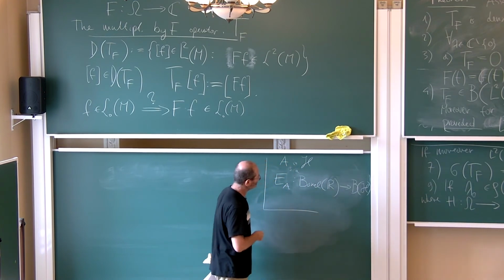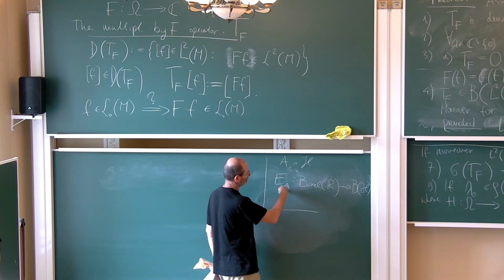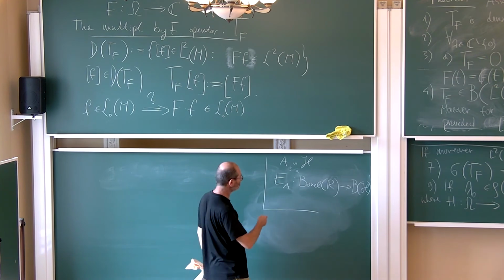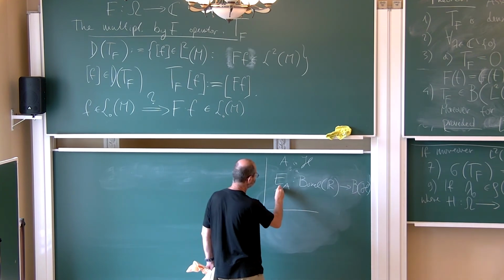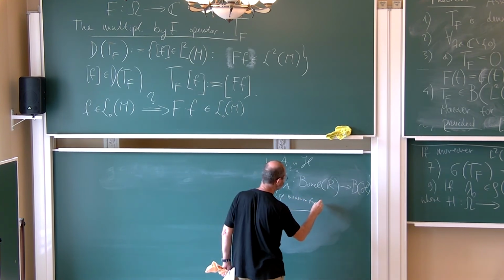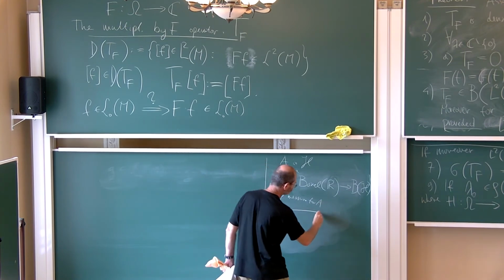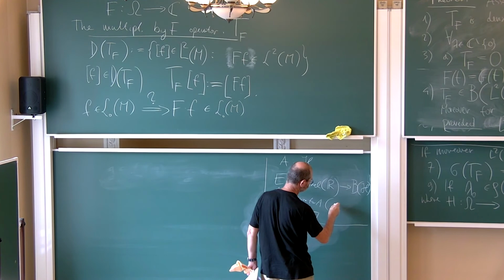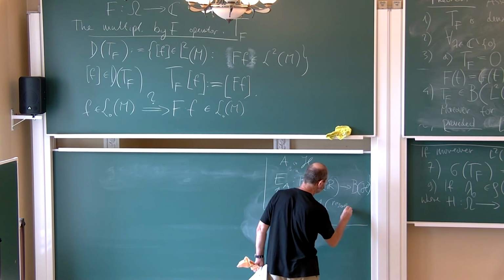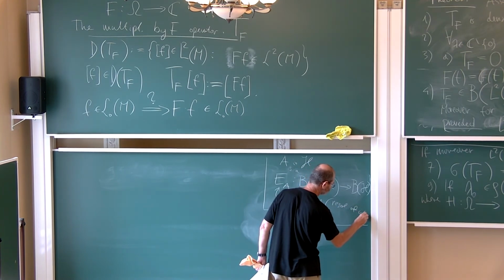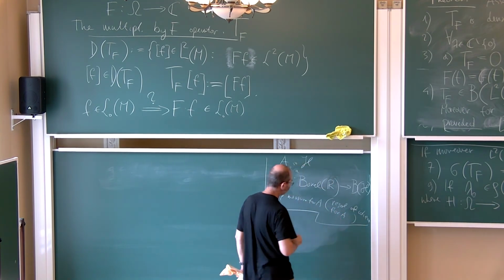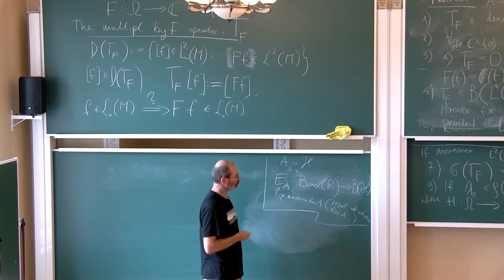In fact each value of this is an orthogonal projection, and this is the spectral measure for A, the unique spectral measure for A, or sometimes we call this spectral resolution or resolution of identity for A, in the sense of orthogonal projections.